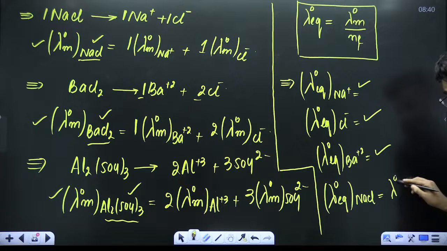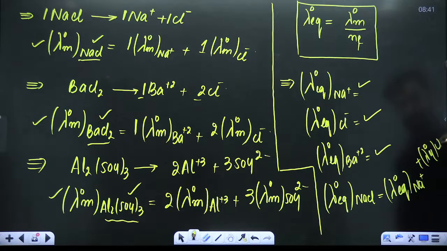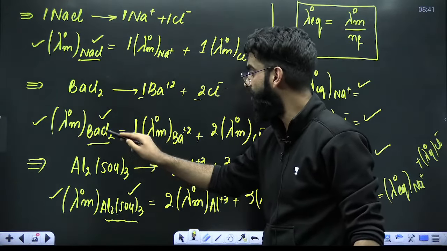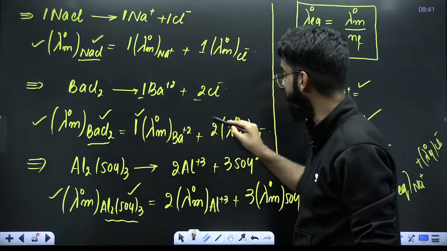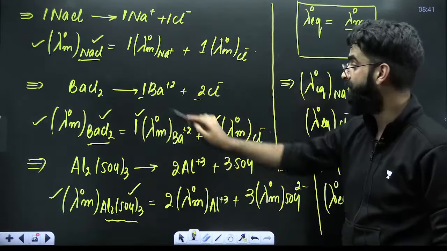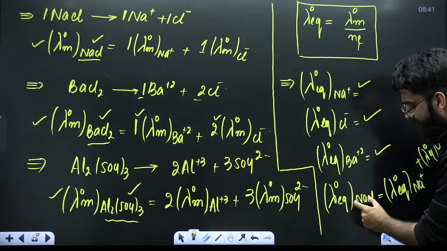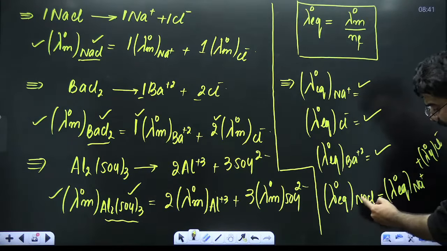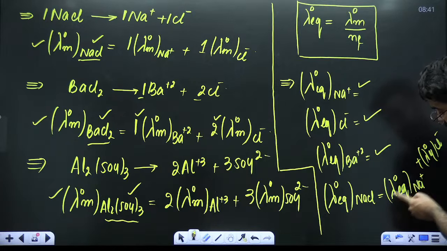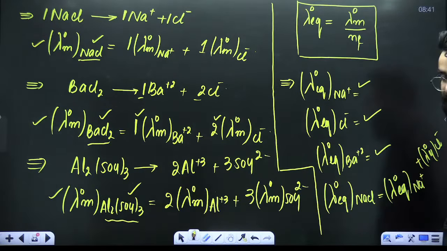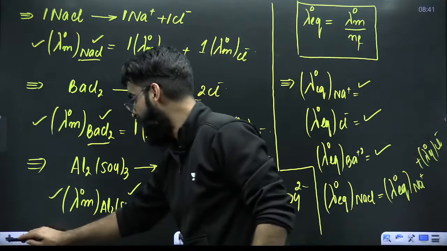You can directly write lambda naught EQ of Na positive plus lambda naught EQ of Cl negative. Perfect. For example, here I was writing the molar conductivity of BaCl2. I was taking into consideration these stoichiometric coefficients. But if you are directly writing the equivalent conductivity at infinite dilution in terms of the equivalent conductivities of their ions, then you do not have to write the stoichiometric coefficients here.